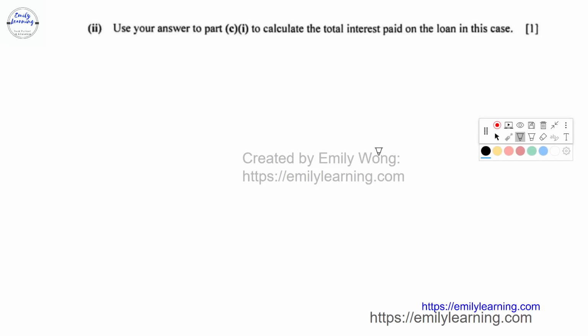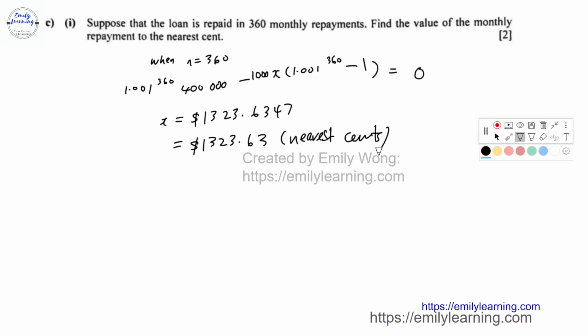Next, I'm asked, use your answer in part C to calculate the total interest paid on the loan in this case. Okay, so now I know that x is the amount that is paid each month, right? So in order to finish paying the loan in 360 months, we would have to pay $1,323.63 each month.